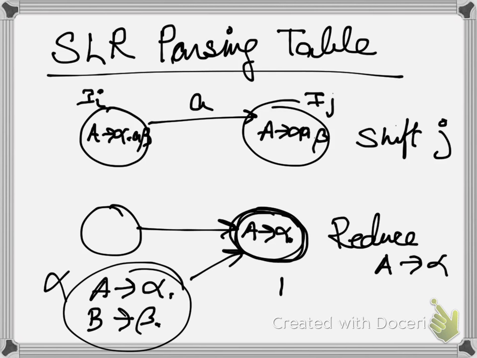Now, is this particular assumption always appropriate? Well, not really, because if we can look at the next token, then it can tell us whether a particular reduction is valid or not, because sometimes it may not be valid. So suppose I have a production like this, and I also have beta dot.